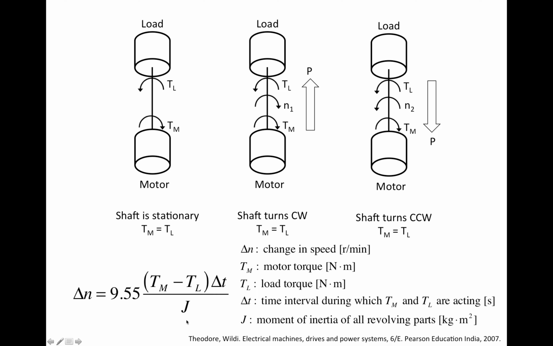For really complicated geometries, you can get the moment of inertia by summing the moment of inertia of all its components, and each of the components can have a relatively simple shape. So that's a very, very important equation: the rate of change in speed is proportional to net torque and inversely proportional to moment of inertia.